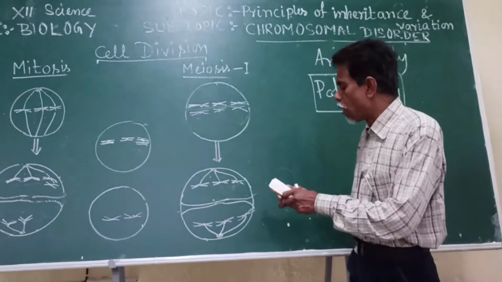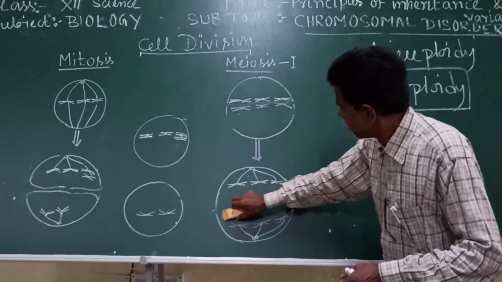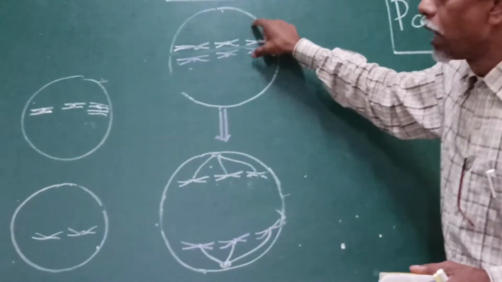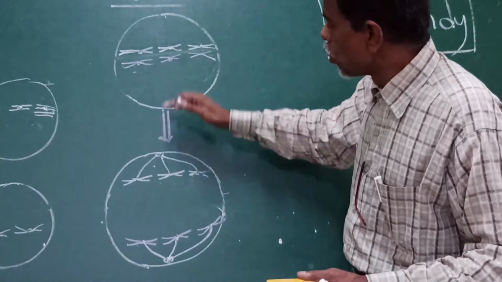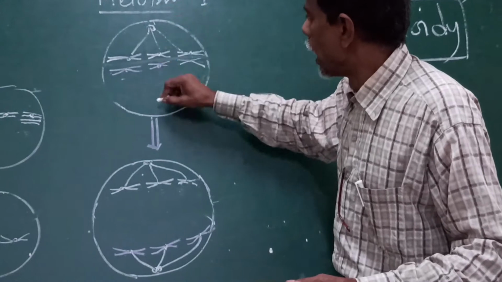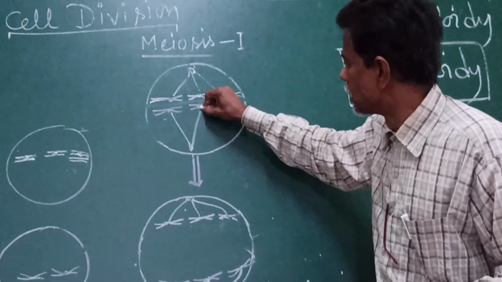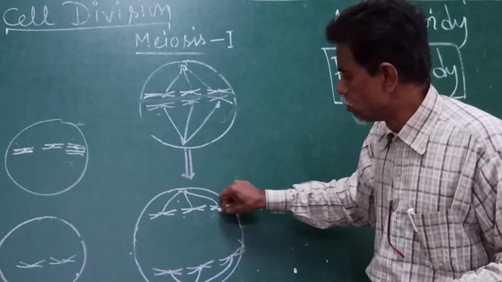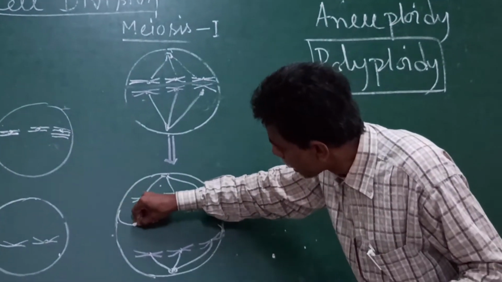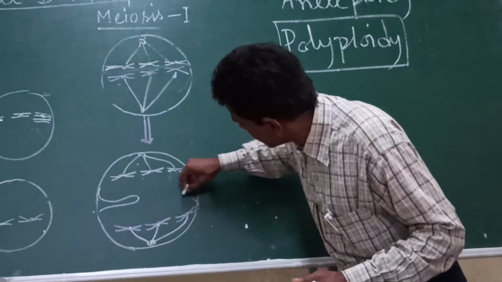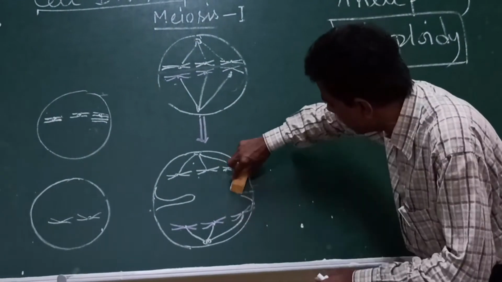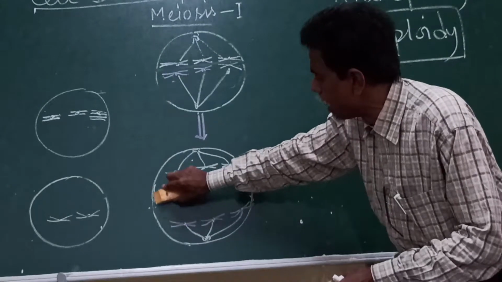But sometimes what happens? The chromosomes in a bivalent pair reach the opposite poles, 3 chromosomes this side, with the help of spindle, 3 chromosomes this side, as you see. But after that, the cytokinesis, this is the normal phenomenon, this has failed. Cytokinesis failed.